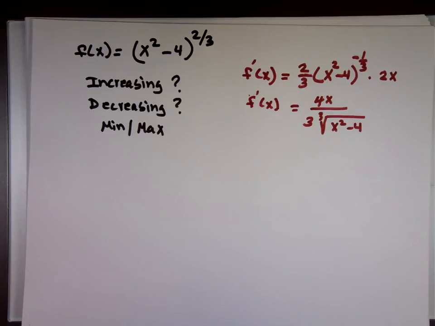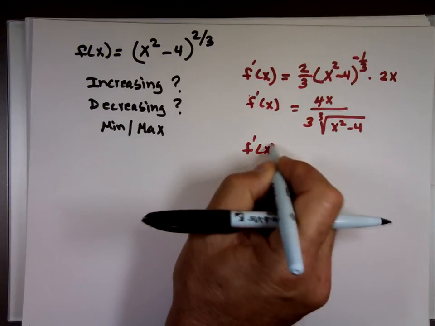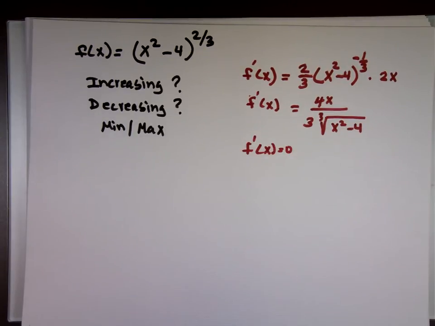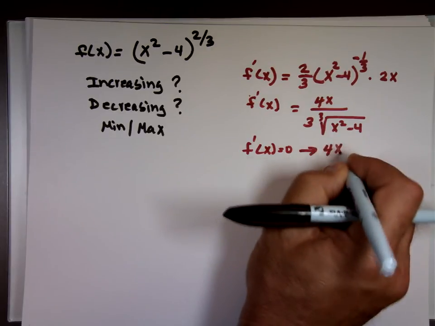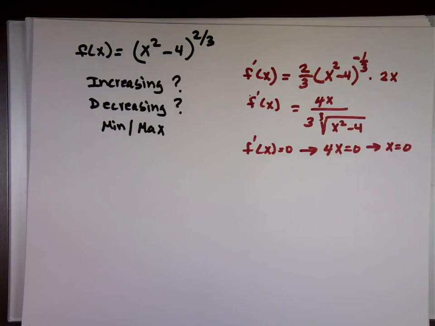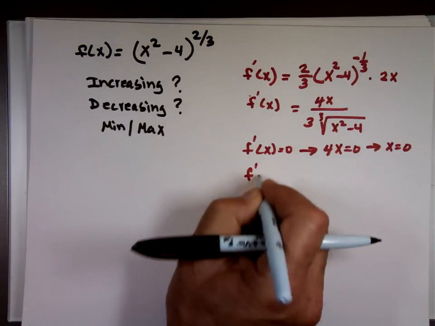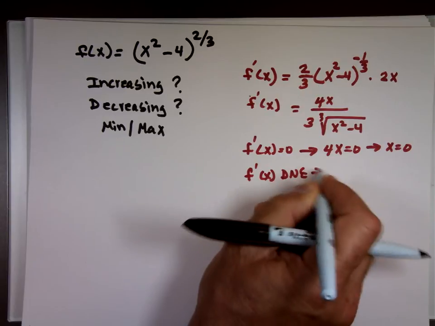Let's find out where the derivative is 0. Set the numerator, 4x, equal to 0. That means x is 0. That's one number. And let's find out where the derivative is undefined. Take the bottom, set it equal to 0.